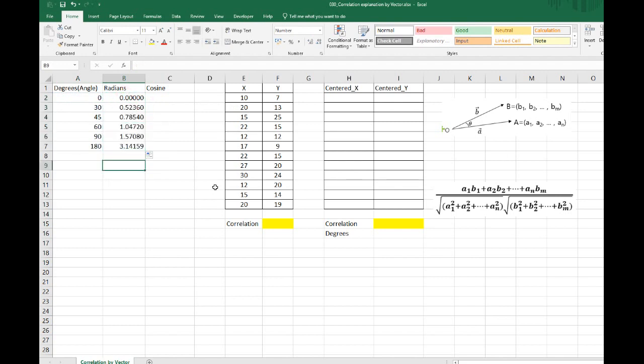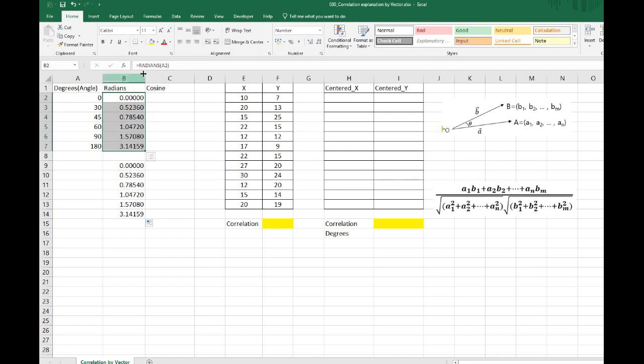Or we can directly calculate radians from degrees by multiplying by the PI function and dividing by 180.